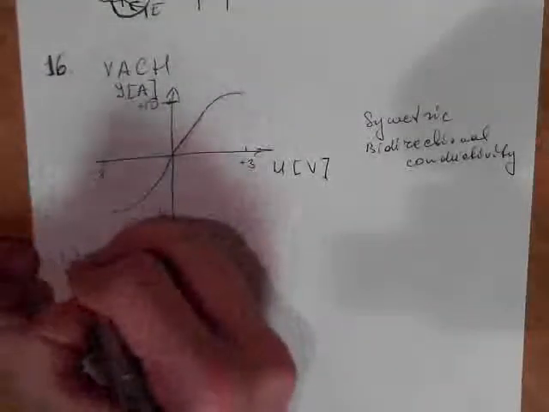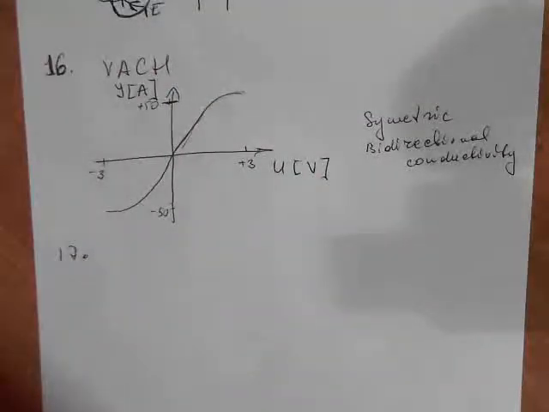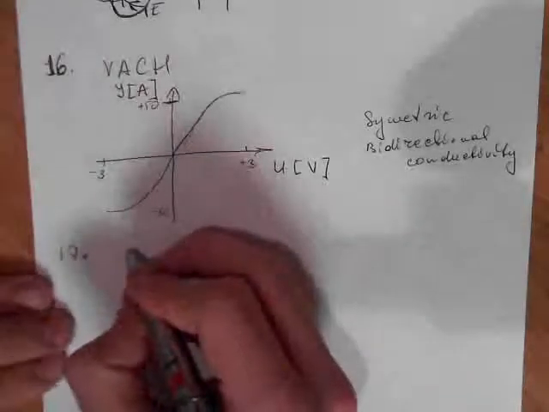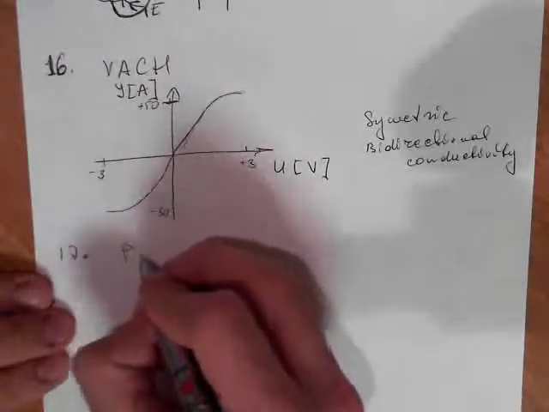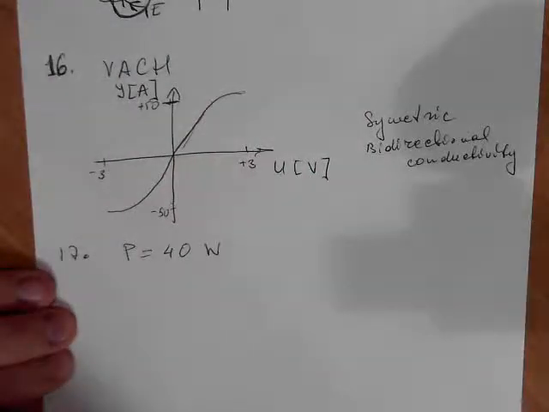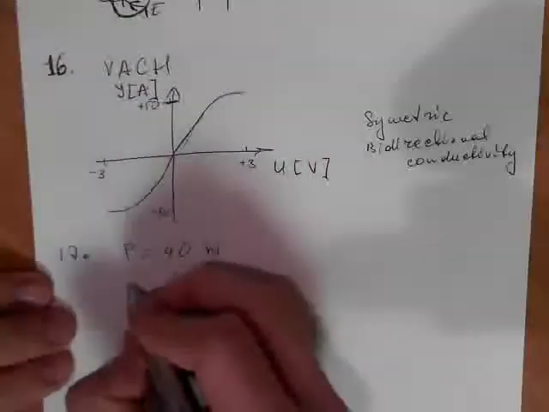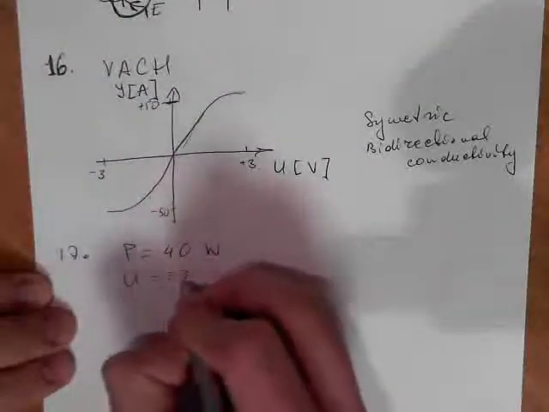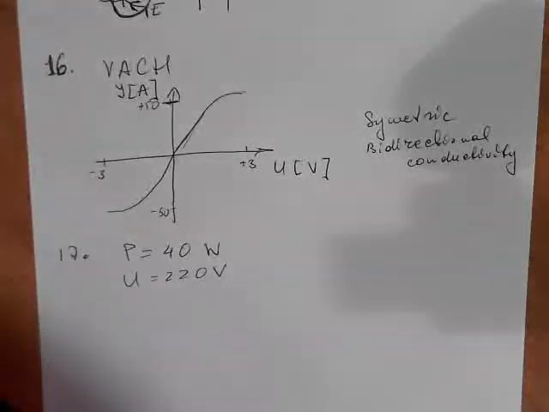Now number 17. This is an exercise where you need to calculate. P here is 40 watts. The power light bulb is connected to 220, so U is 220 volts. Determine the resistance of the light bulb.